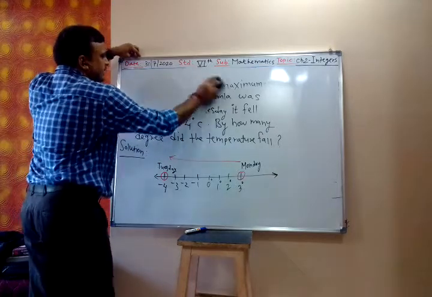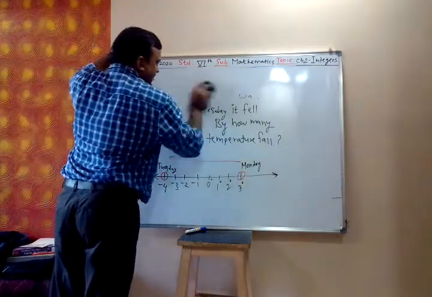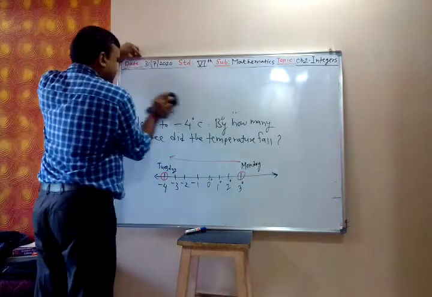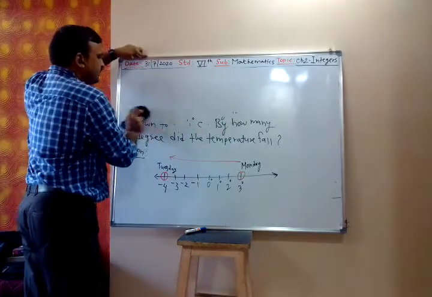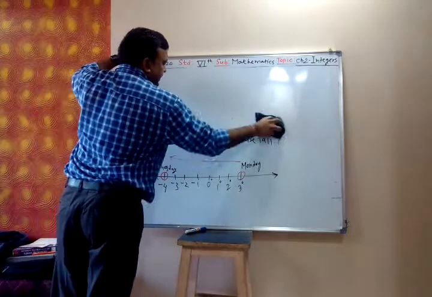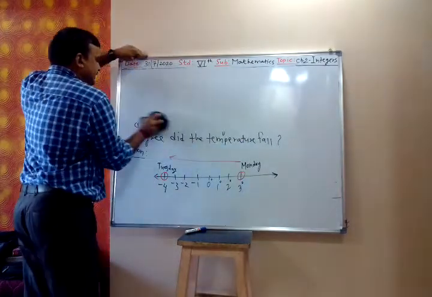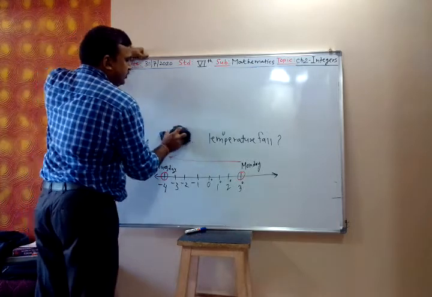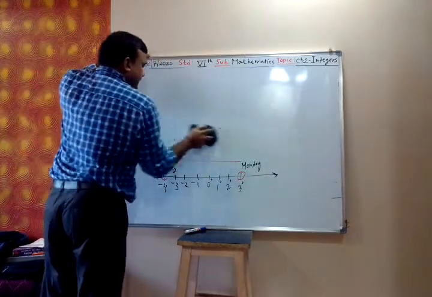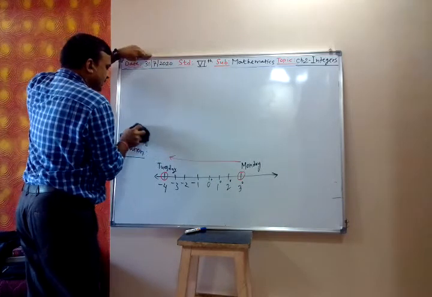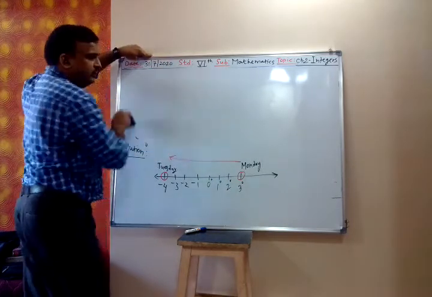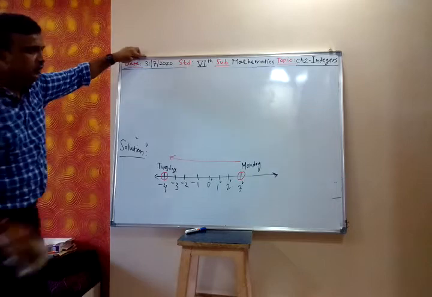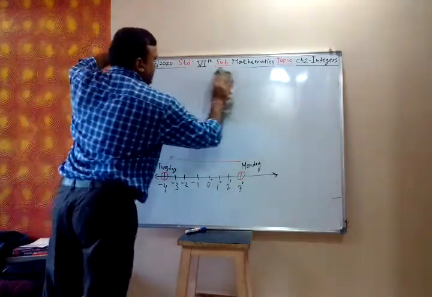Let us write the question and the solution. On Monday the temperature was 3 degrees Celsius, and on Tuesday it fell down to -4 degrees Celsius. Fell down means it is reduced, or you can say subtract.